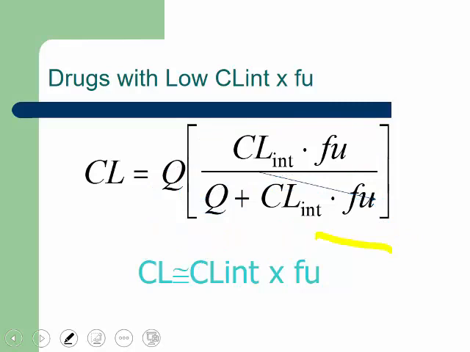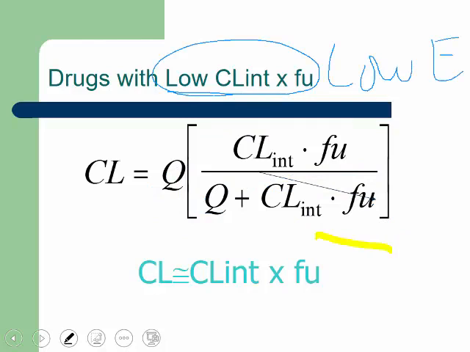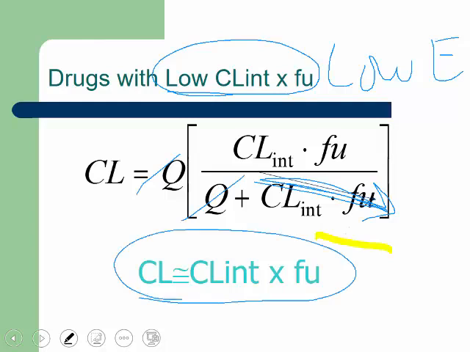So here, we've got the low intrinsic clearance times fraction unbound, low E. Therefore, the intrinsic clearance is the rate limiting step, so it falls out of the denominator, and then these two Q's cancel. So for a low extraction drug, clearance is dependent upon intrinsic clearance and fraction unbound.